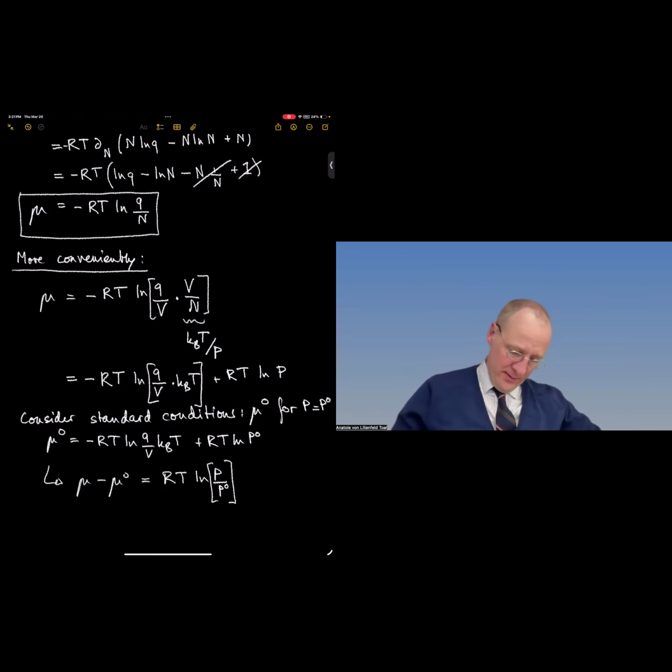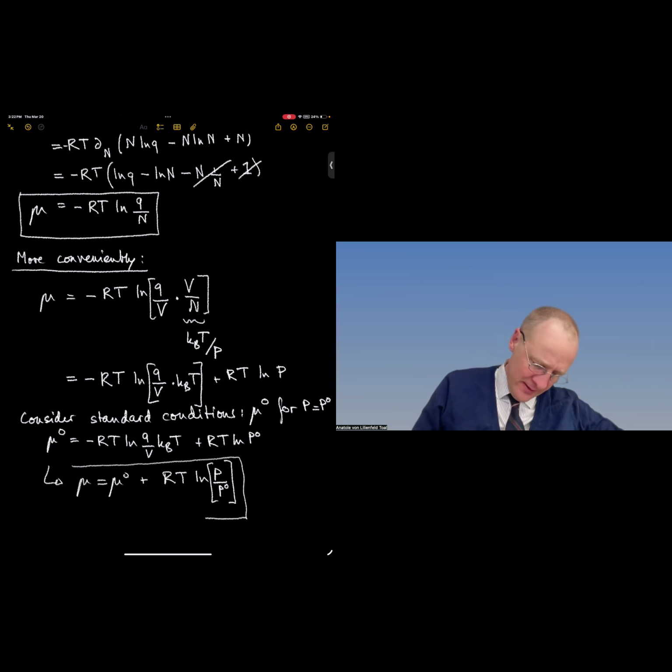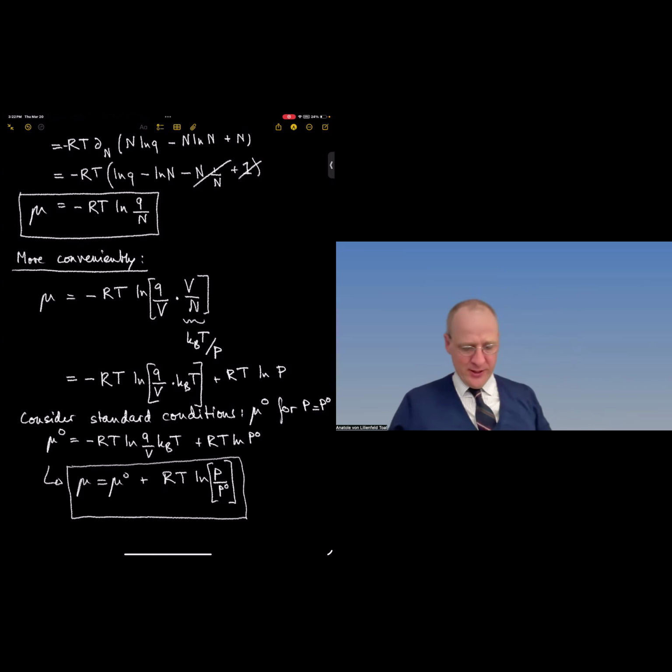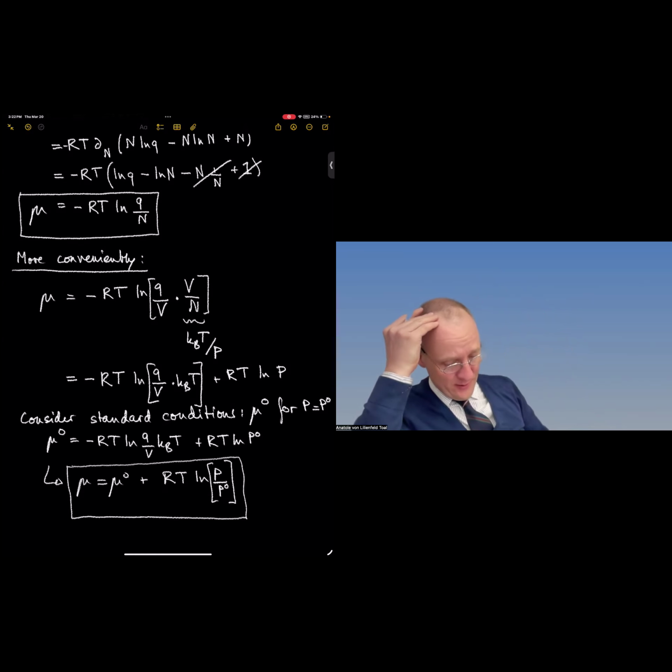So this would tell you how the chemical potential looks like, or what I like even more is to write it like this. So your chemical potential is some reference chemical potential plus RT logarithm P over P0.